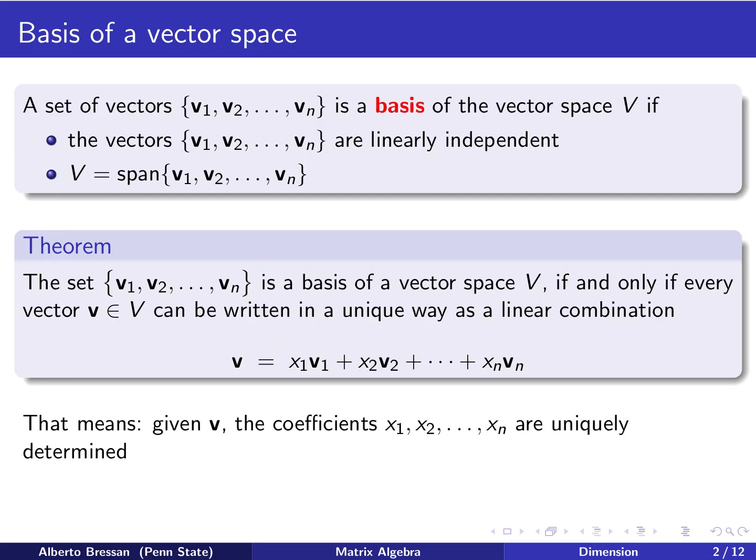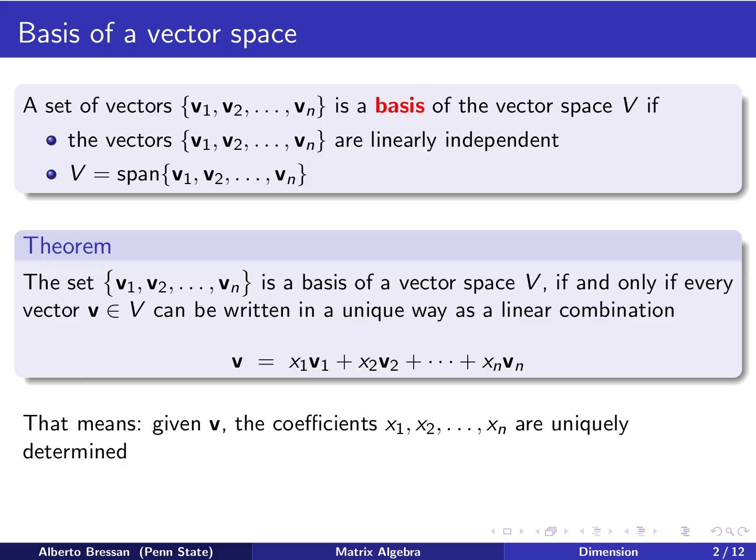We also have the following theorem, that is, let's say you have a vector space and you have a set of vectors that is a basis for that space. And this is a basis if and only if every vector v in V can be written in a unique way as a linear combination, which is expressed here.